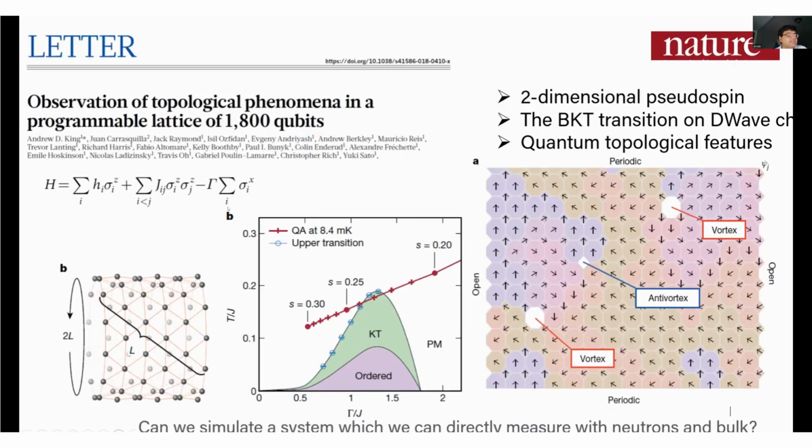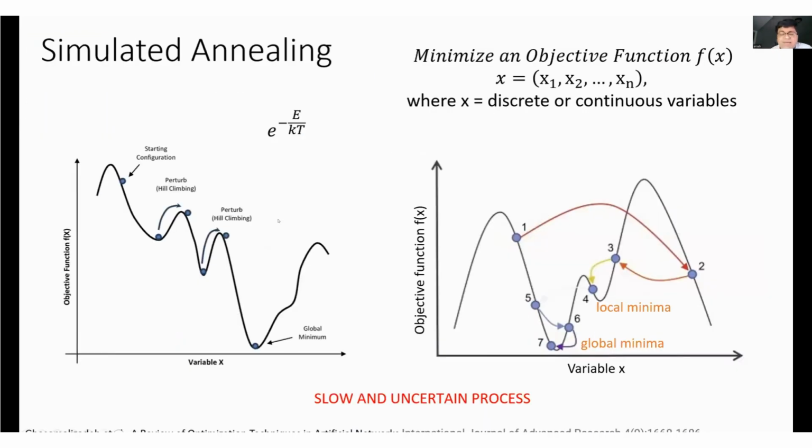So to understand what is really happening in one of these quantum annealers, we need to understand what quantum annealing is. In order to understand quantum annealing, let us first talk about what simulated annealing is, which some of you, I'm sure, know. In simulated annealing, we have an objective function and a variable x.